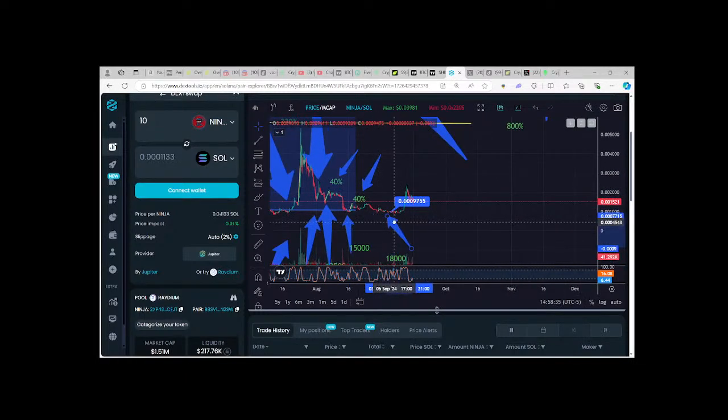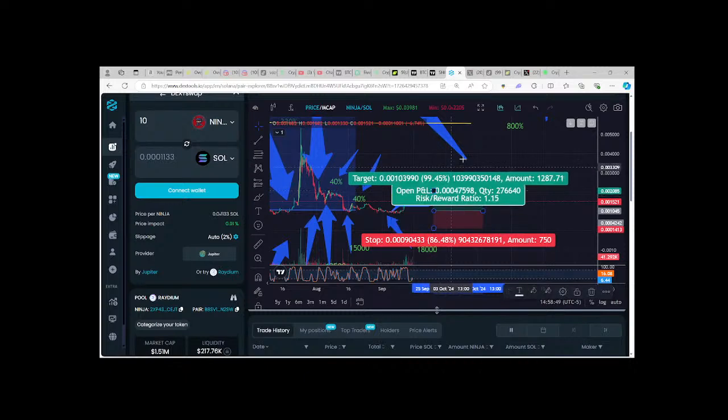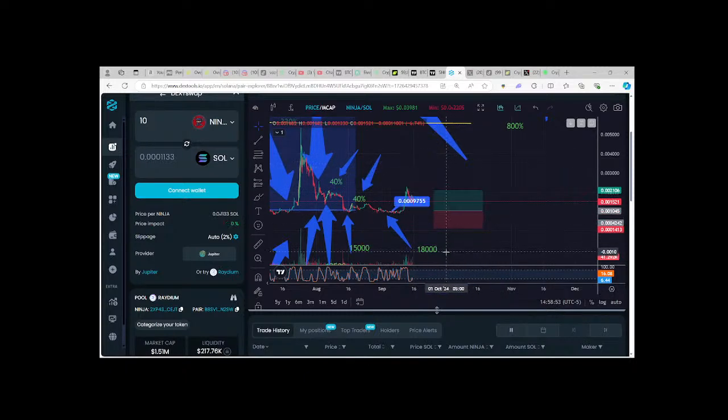On that pullback, we were talking about putting the $18,000 in at the 000975. For those of you who are following me and actually paying attention to what I teach, that was a 100% move from where we told you. So that 18,000 is now sitting at $36,000.